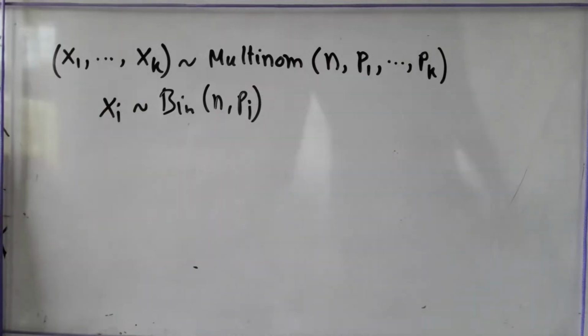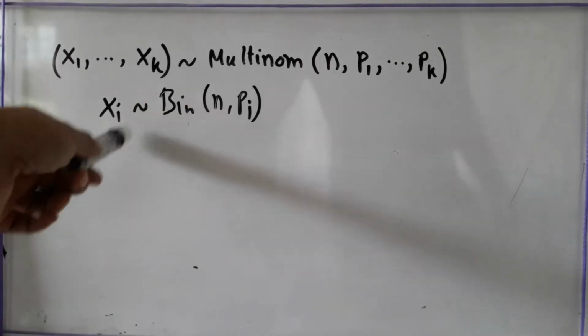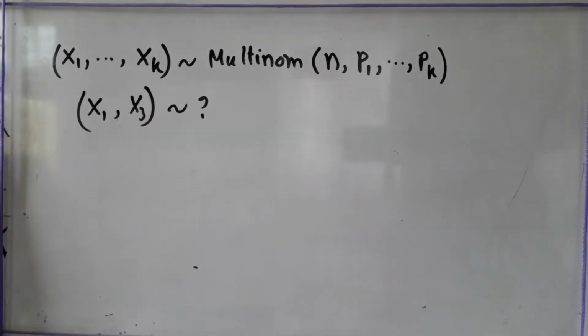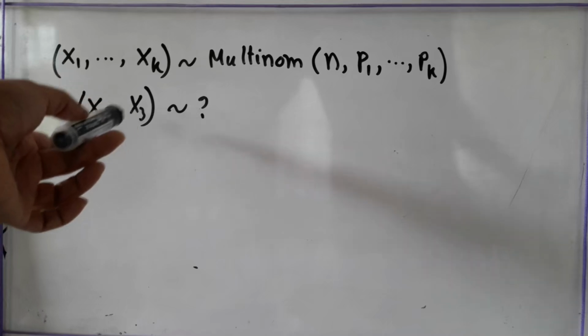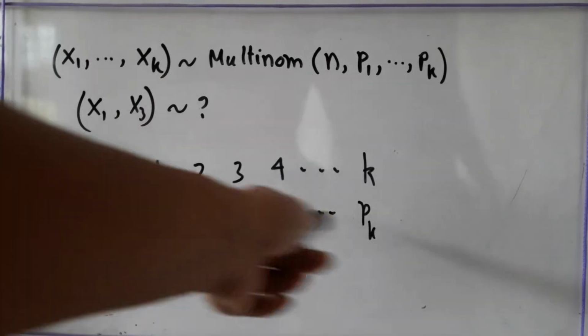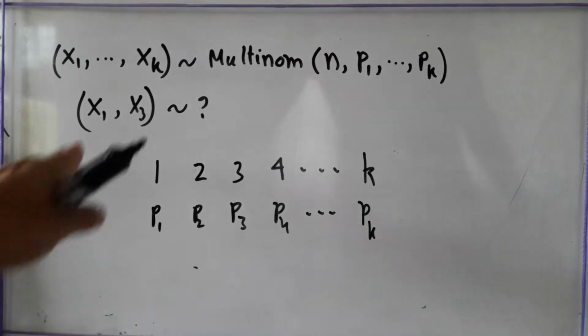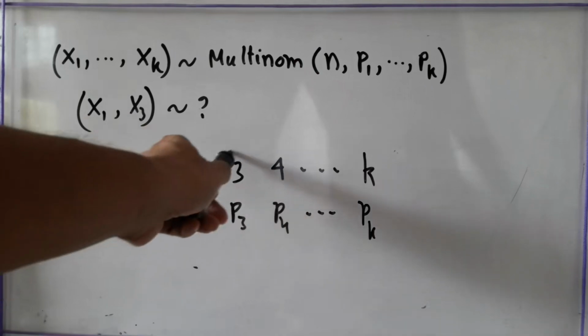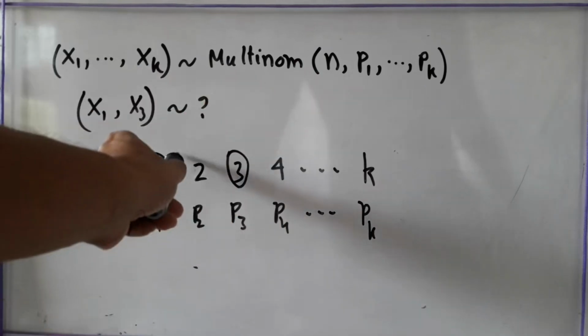Now the argument that allows us to compute the marginal distribution of each xi can be extended to other marginals also. Suppose I ask the question, what is the joint distribution of x1 and x3 say? Of course I assume k is greater than or equal to 3 for this. Well, again you consider the same way. I have the k-faced die with these probabilities. Now I am focusing on only 1 and 3, 1 and 3 and the rest.